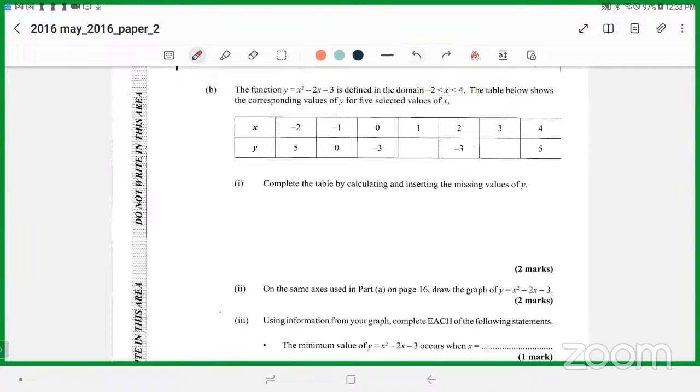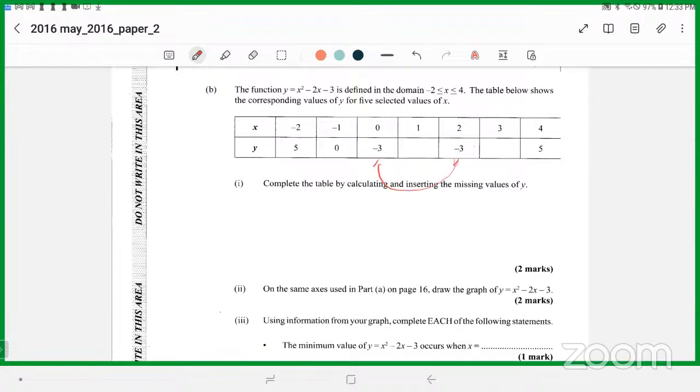It says we are to complete the table by calculating and inserting values in the missing sections, the missing values of y here and here. A lot of the time we can know those values by recognizing that the quadratic function is a symmetrical function. So you look for the symmetry of the values.